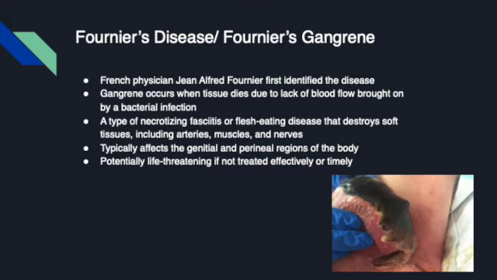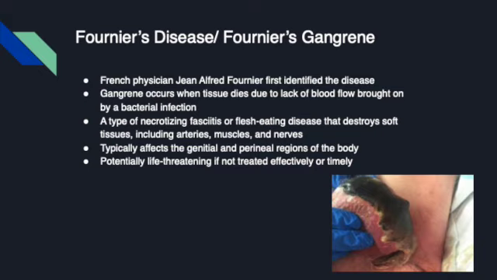Fournier specialized in the study of venereal diseases and identified this particular disease as an idiopathic form of gangrene that is characterized by tissue dying or necrotizing due to the lack of blood flow or bacterial infection, and is a flesh-eating disease that destroys tissues such as soft tissues, arteries, muscles, and nerves.